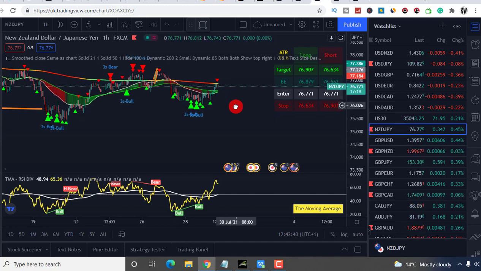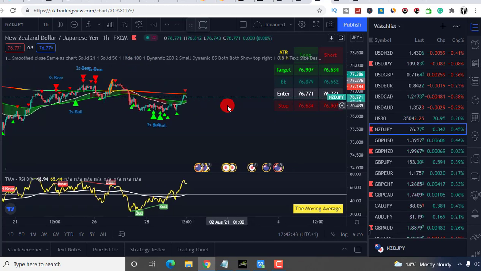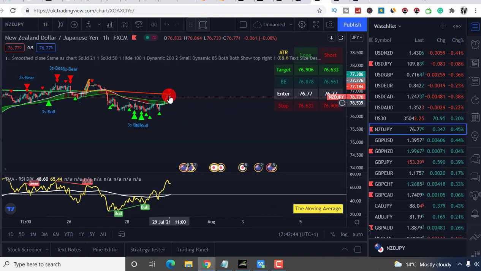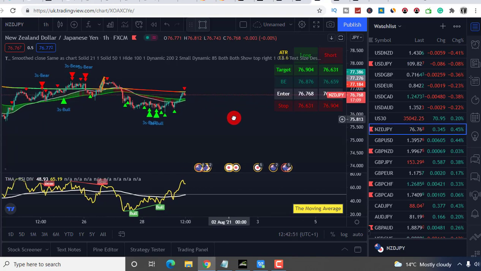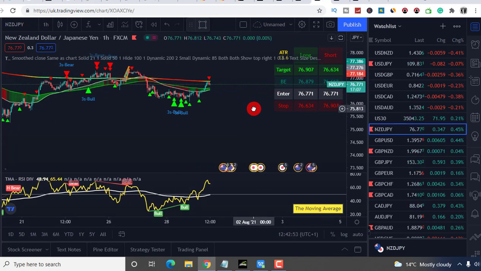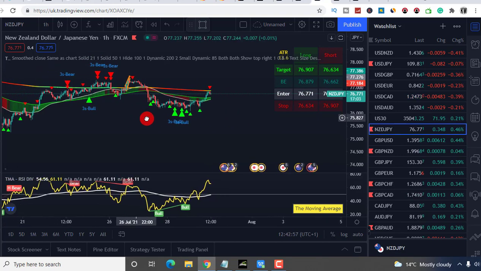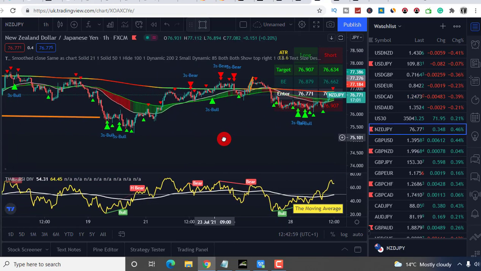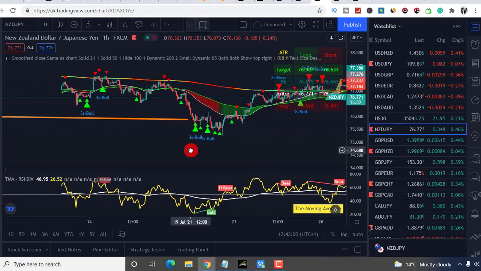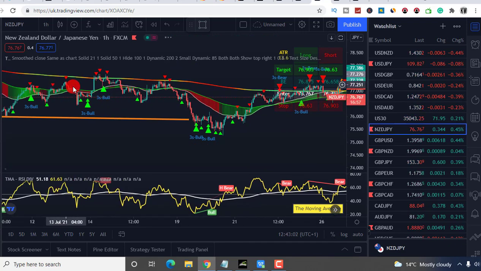In the 1 hour time frame, we see it came up and bounced back from the moving average. Let's see what has happened in the past. It came here numerous times, touched this moving average, bounced back, touched this, bounced back.